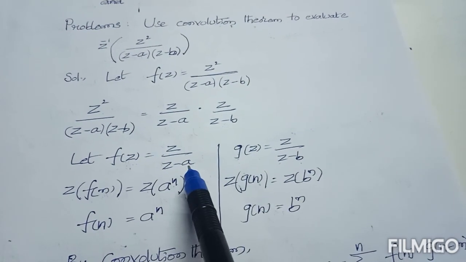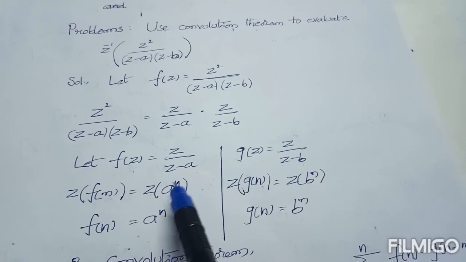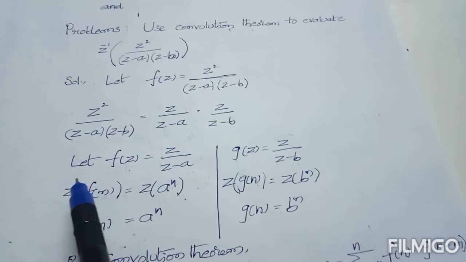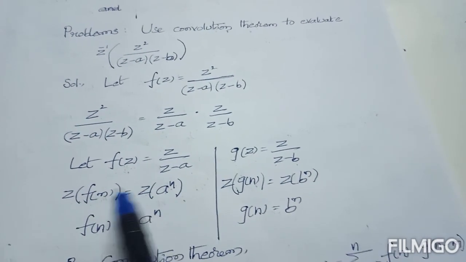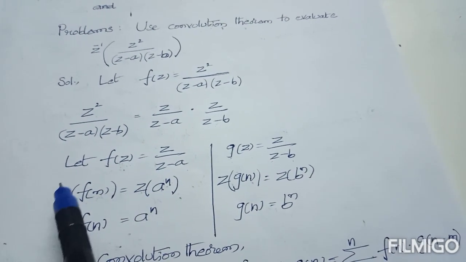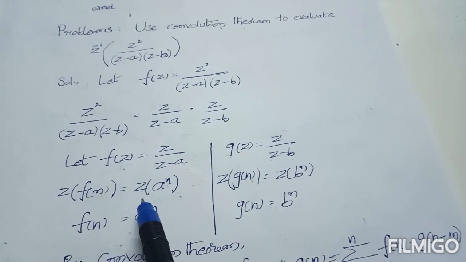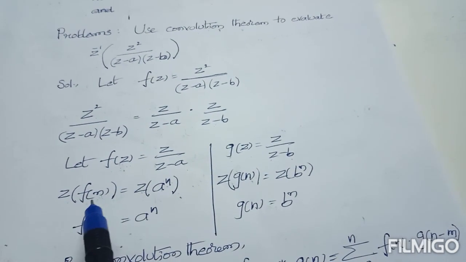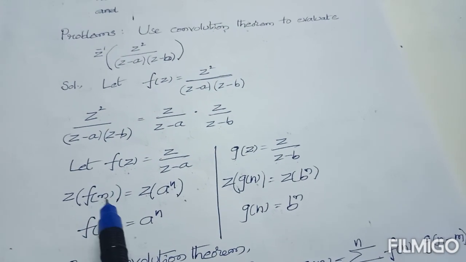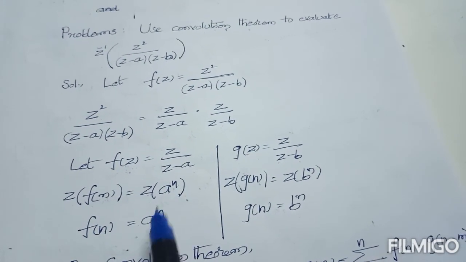So z by z minus a is the formula for z of a to the power n, where z is the z transform operator. Now by cancelling the z transform operator on both sides, the sequence or function f(n) equals a to the power n.